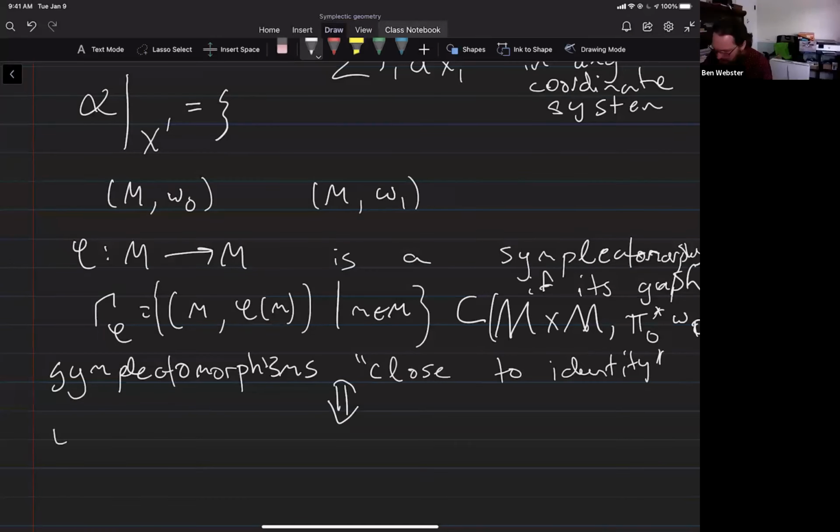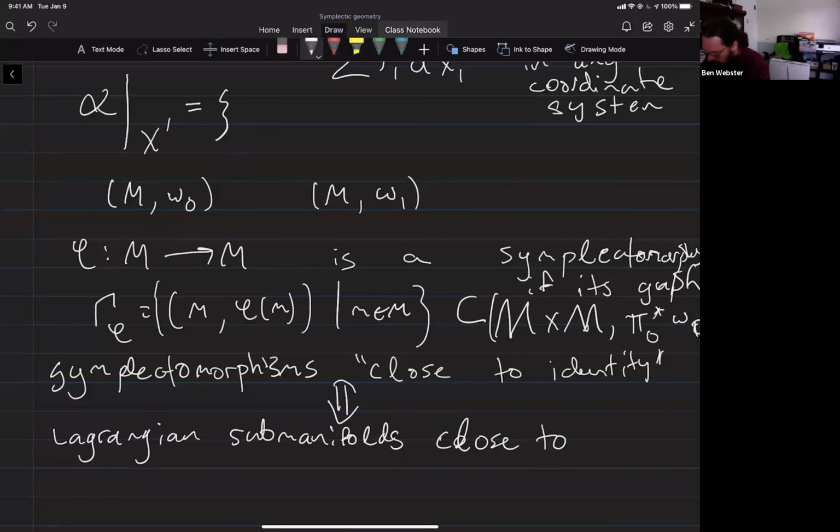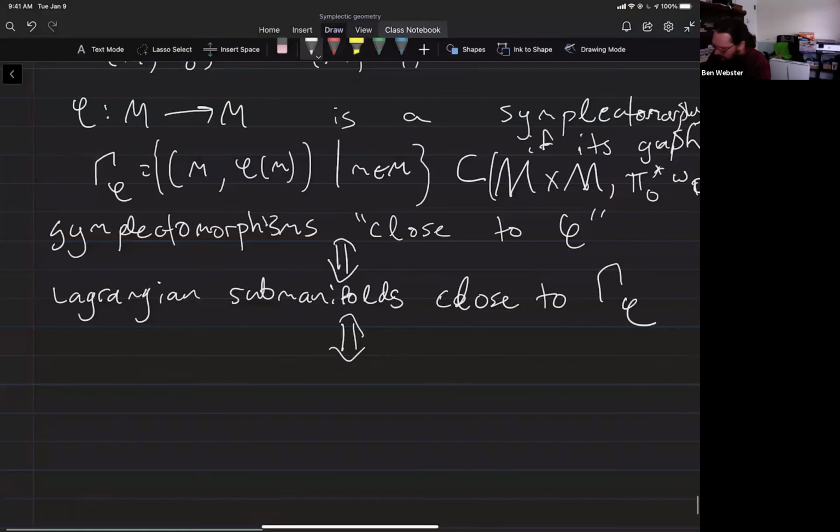They correspond to Lagrangian submanifolds close to, sorry, not close to the identity, close to the graph of phi. And again, that means they look like closed one forms on my original M.